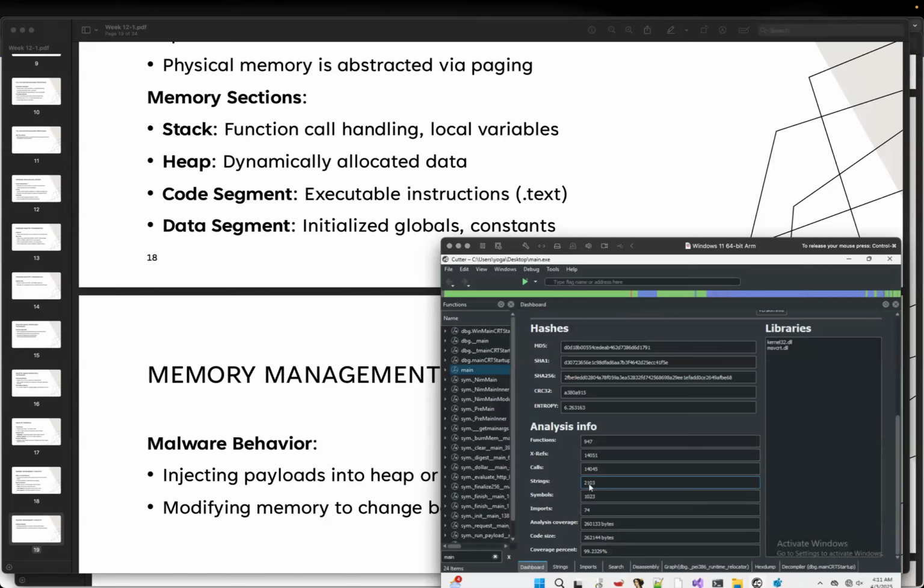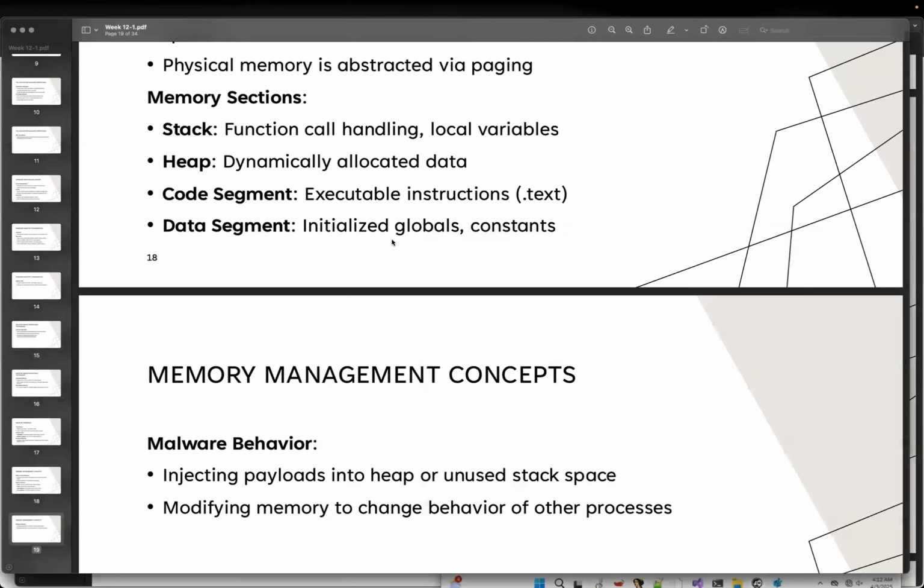So this we are going to search for, like if you remember, previously we used PE View or PE Studio. Okay, so that's what we see, and some data segment initializing the global constants or like that.